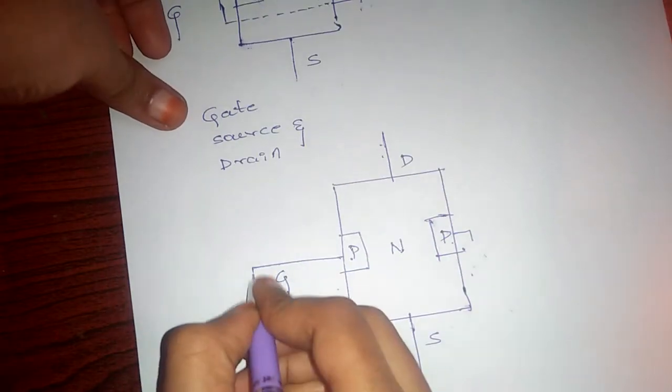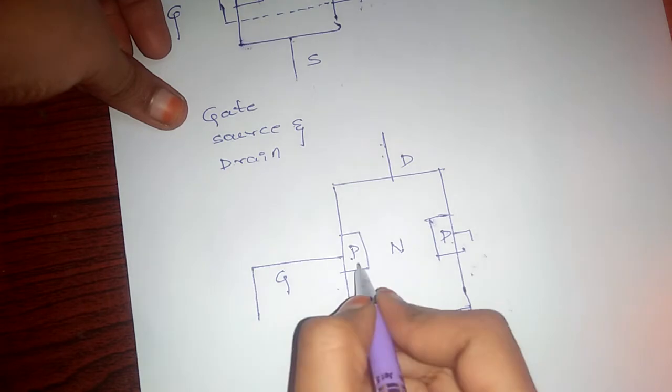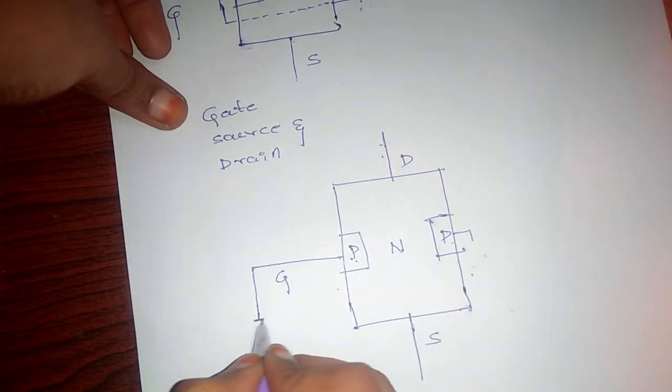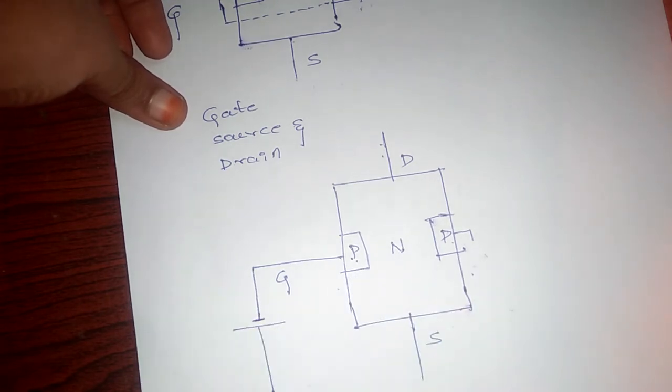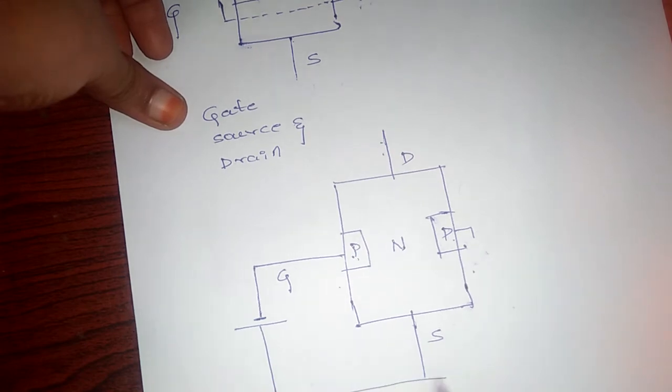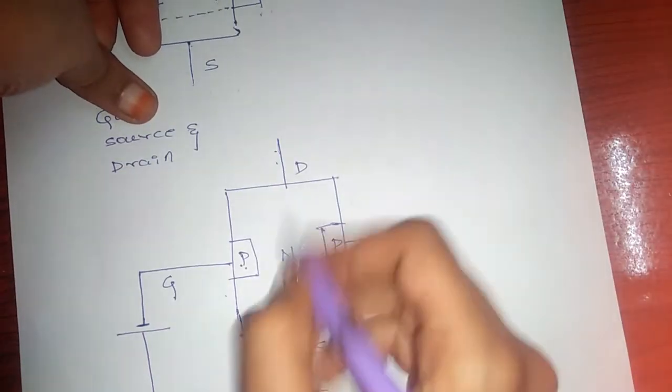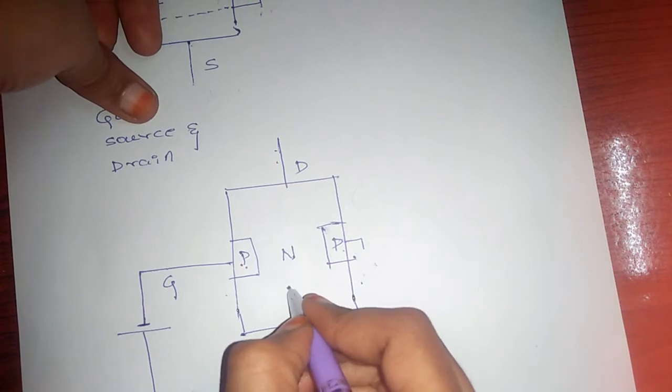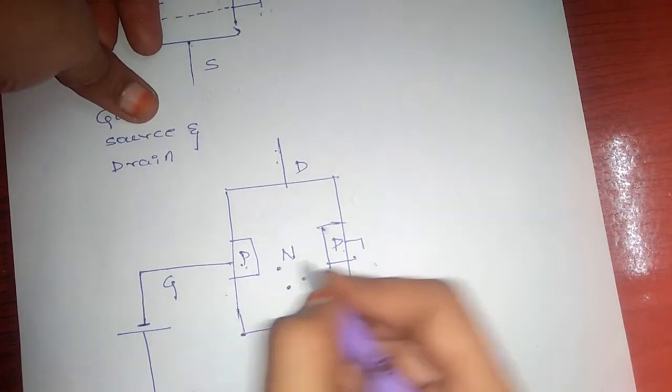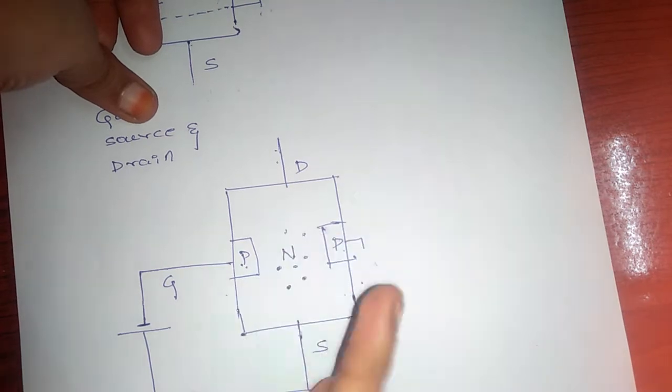As it is P, we give the negative terminal. The N channel contains electrons, right? How will the electrons move forward?